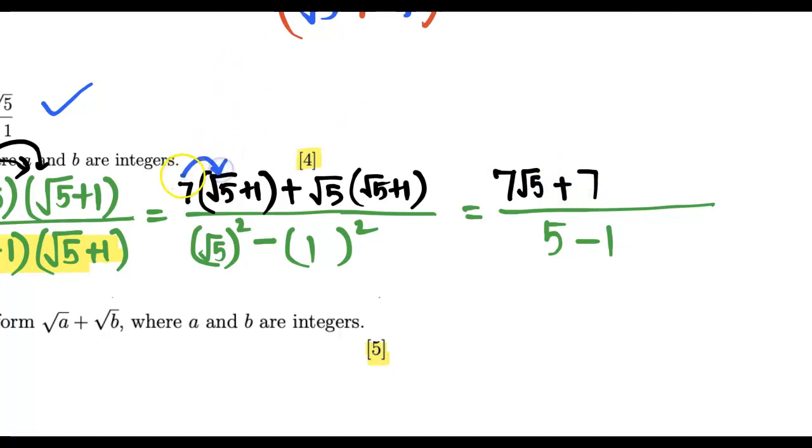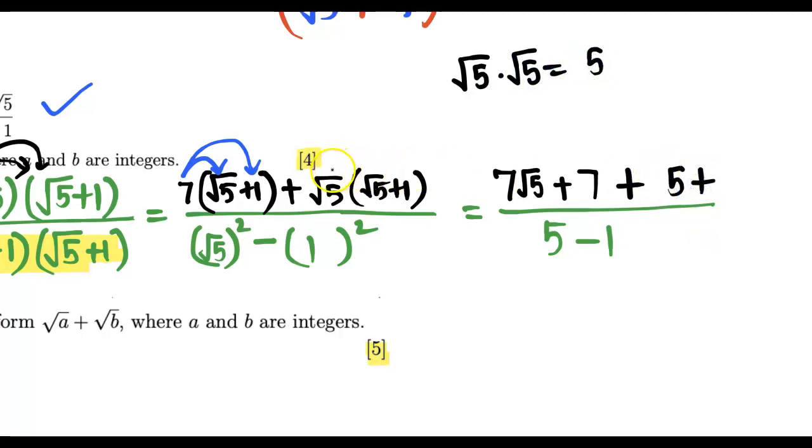It multiplies to this and then to that. Now copy down this plus, and root 5 times root 5. What is root 5 times root 5? Just quickly tell me. Yes, it's 5. So 5, plus root 5 times 1 will give you root 5 only.